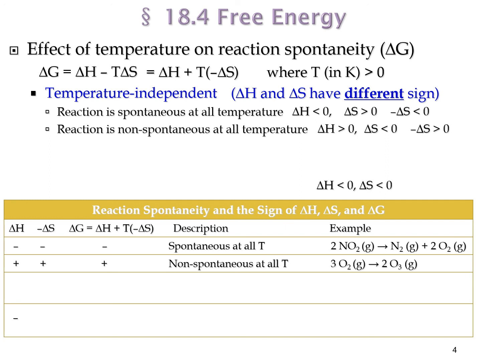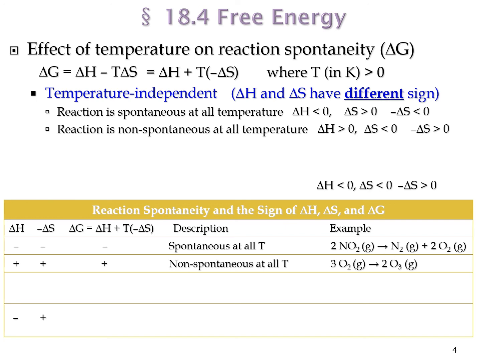Our first combination here, or our third combination of these four, is delta H less than 0, delta S less than 0. We have an exothermic reaction again, but this reaction has its delta S decrease. If delta S is less than 0, we understand the negative delta S must be positive. So we have this term positive, this term negative. And I'd like to remind you, the common unit for delta H is kilojoules.